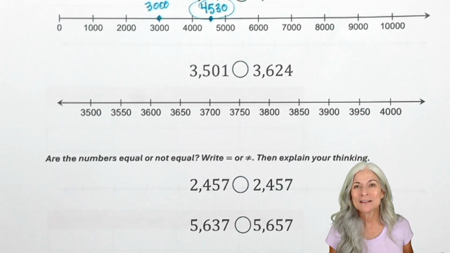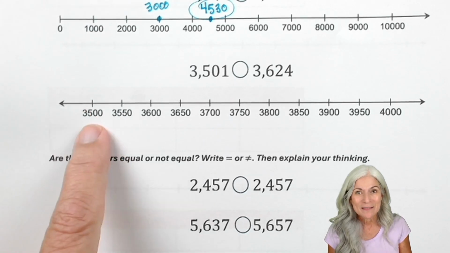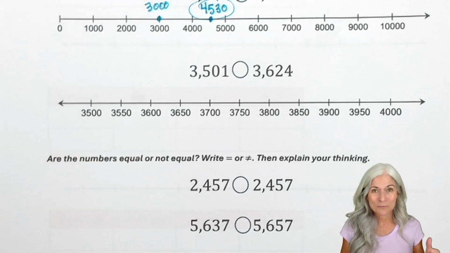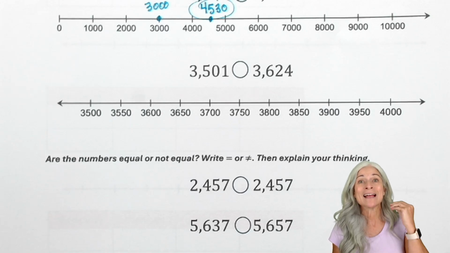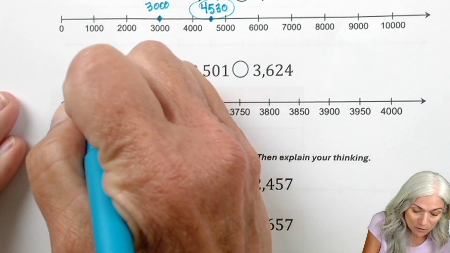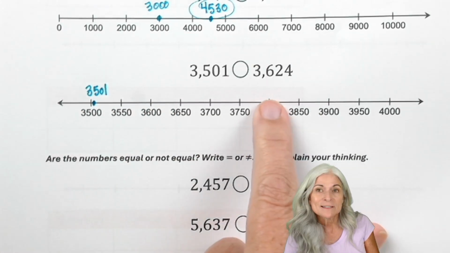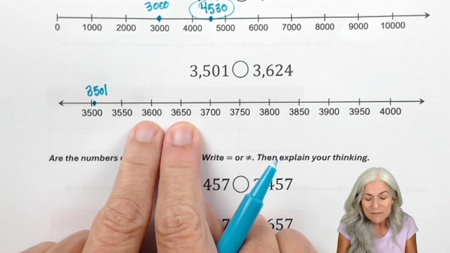This one, 3,501. Okay, well, we've got 3,500, 3,550. So 3,501 is just one number past 3,500. So it's going to be super close here. Then 3,624. Well, we know we've got 3,600.